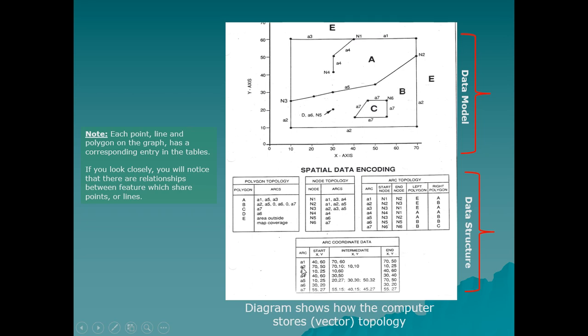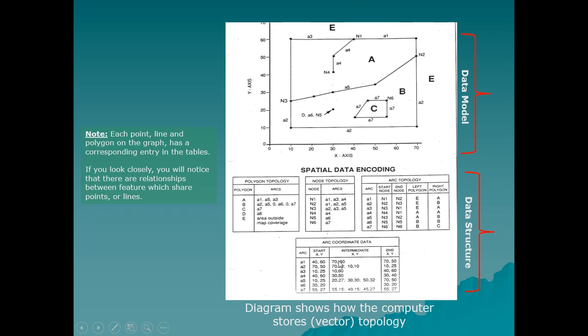And lastly, let's look at one example from our coordinate data, and let's see how we read it. A1, we're going back to that line. It tells us our start node is at this coordinate. It's at 40x, 60y.